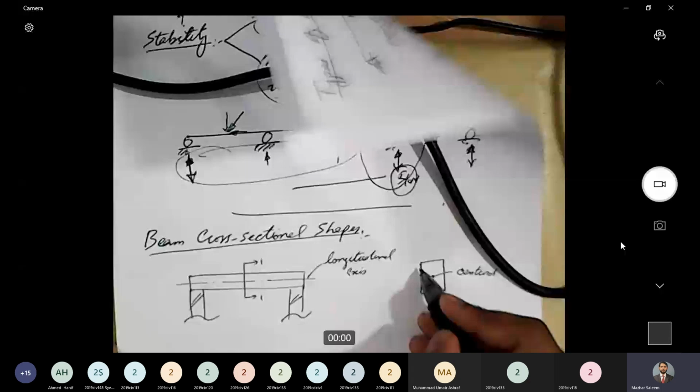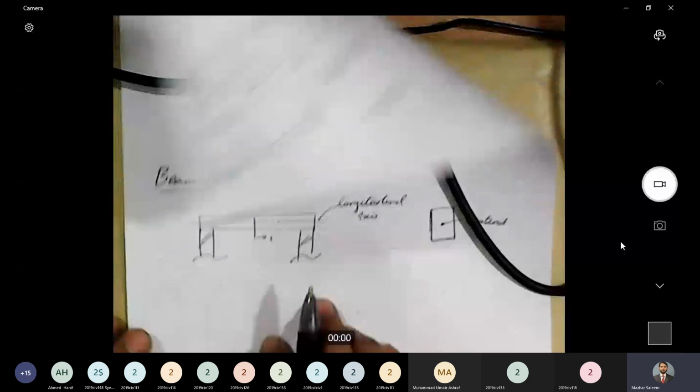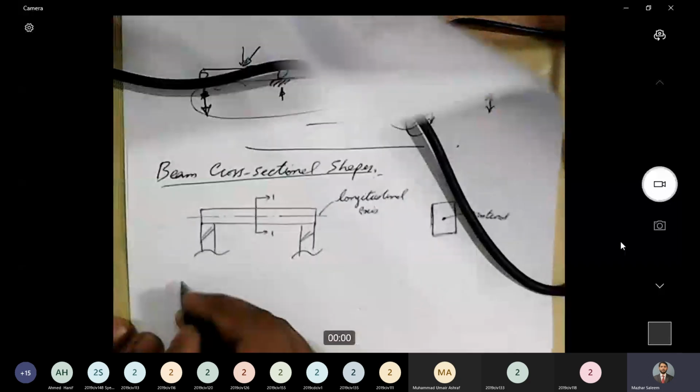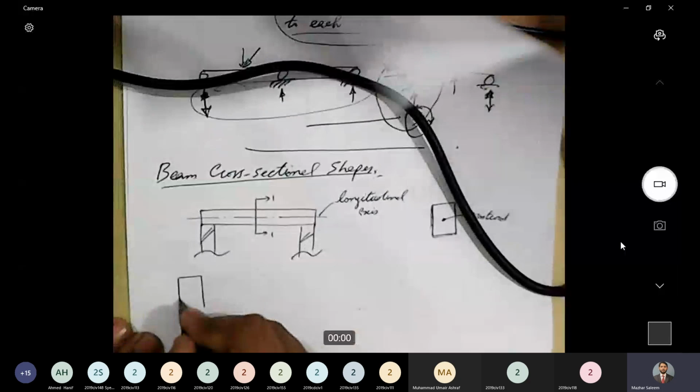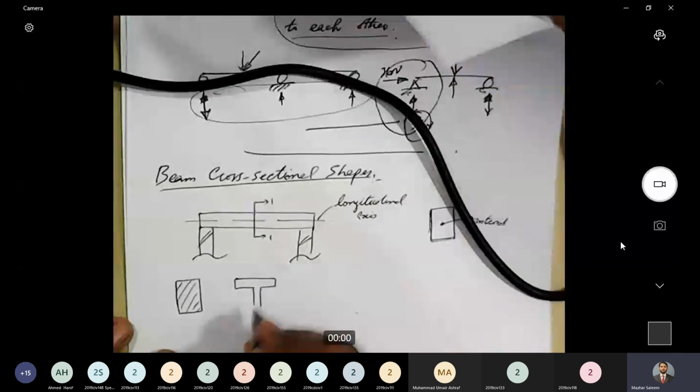Now, under beam cross-sectional shapes, I want to give you the different cross-sectional shapes that are commonly used. The most commonly used shape is a rectangle. You would surely have seen rectangular beams in your houses or in other buildings. Sometimes we provide T-shaped beams. Sometimes we provide I-shaped beams.